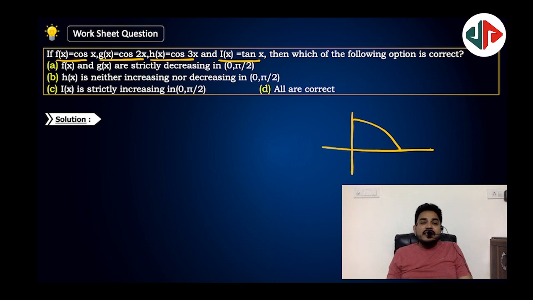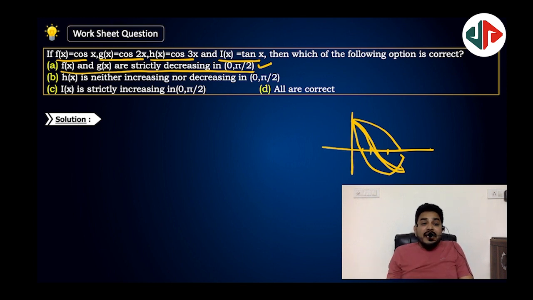If cos x is decreasing, cos 2x is decreasing. Cos 3x, at pi by 6, the value will be like this, and after that it starts increasing. So f of x and g of x are strictly decreasing.